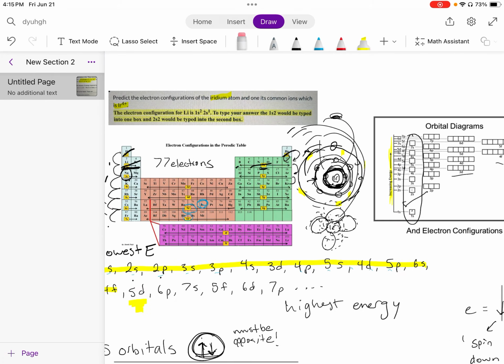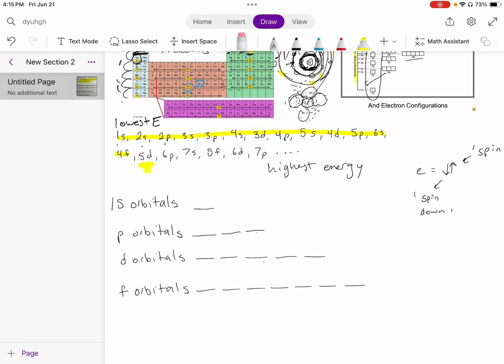Okay. So now that you kind of see the general pattern, we can start moving on. So yeah, s orbitals hold 2 electrons. P orbitals hold 6 electrons.